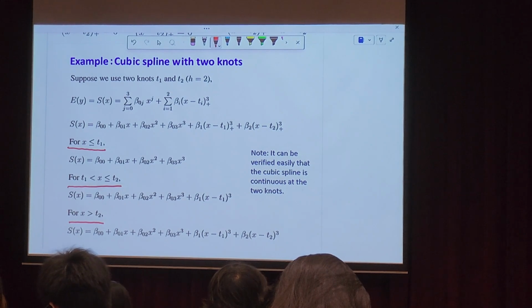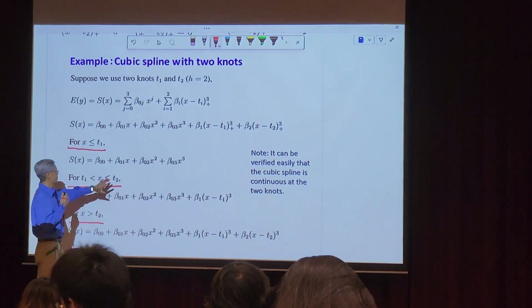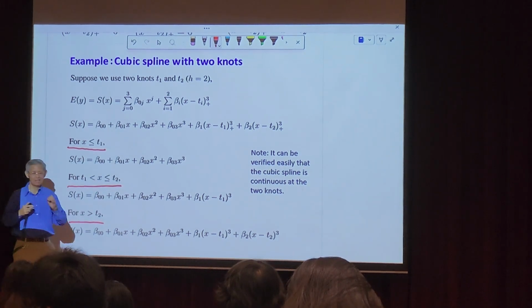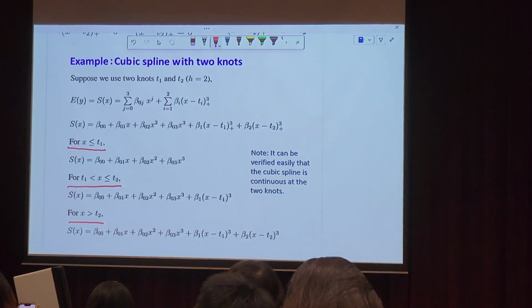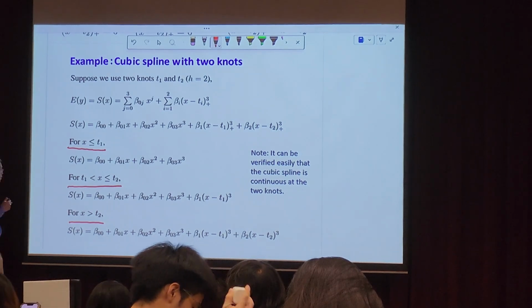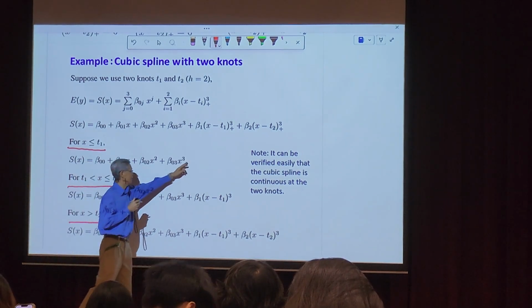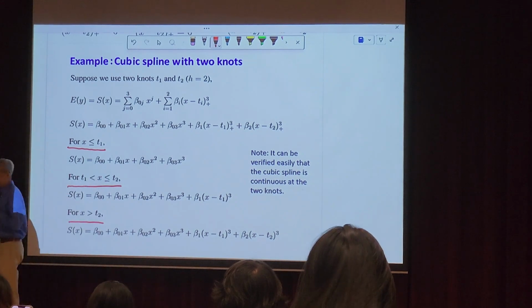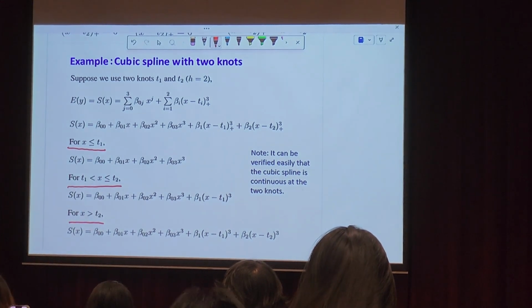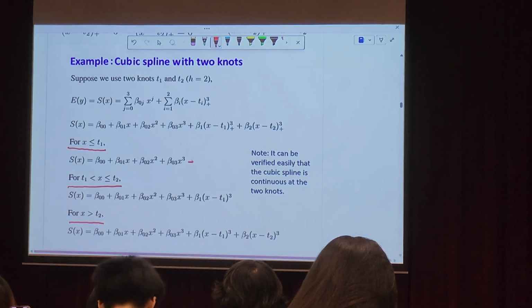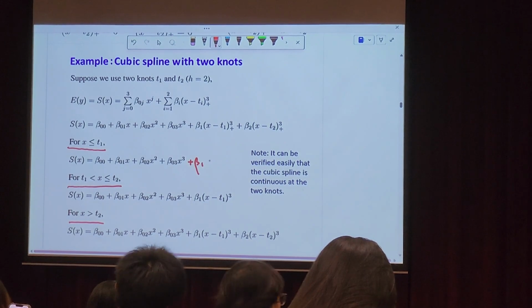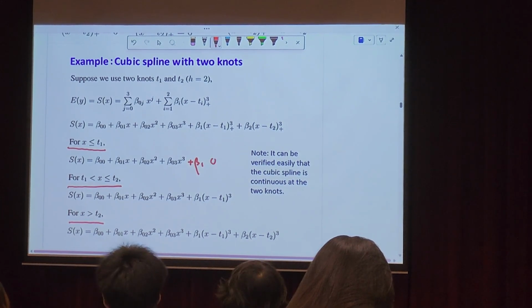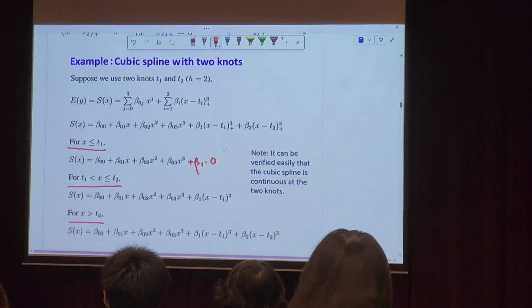You see that? That is how I define two polynomials that are continuous. Now, so what do I know here? Well, I know that I need to have beta 1 here and 0 here.